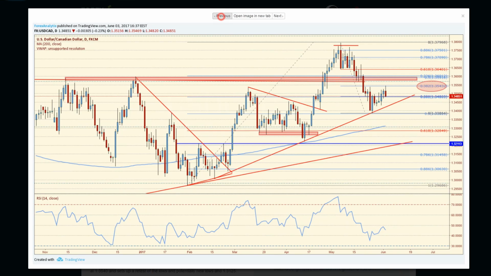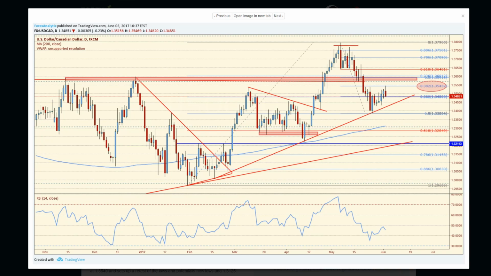But going back to this technically, what you'll notice is we fell from 138 down to 134 basically. We've only rallied and we stopped at a 38% retracement. Now, Nicola Duke, who does predominantly the harmonic patterns and analysis for ForexAnalytix, pointed out that because of this 38% retracement, we could have an A, B, C, possibly D move that would take us below 132.